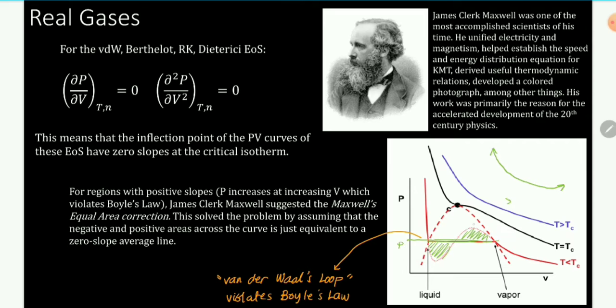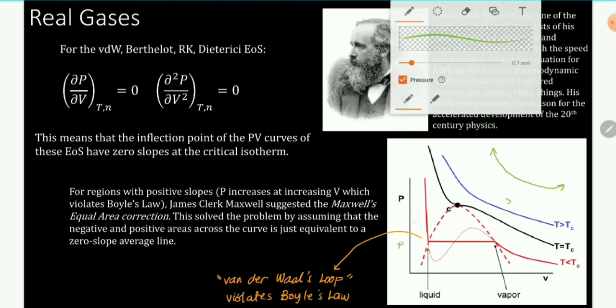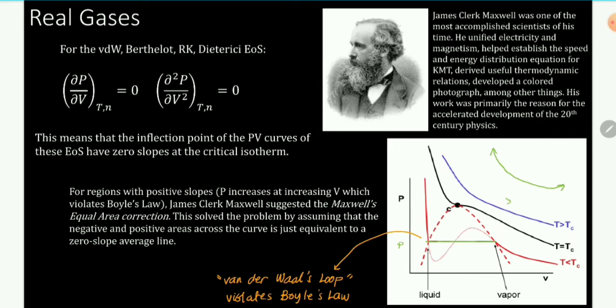So, kapag equal yung area na to, tsaka area na to, you can just subtract them, resulting in a line which has a zero slope. So, this is the zero slope line. Okay? So, this is called Maxwell equal area correction. So, it's used to, quote-unquote, correct the relationship between the pressure and the volume.